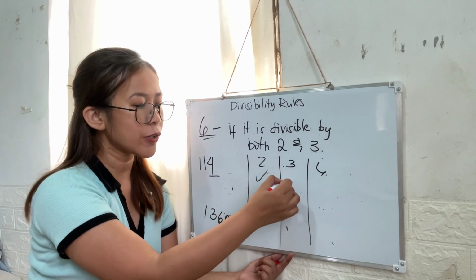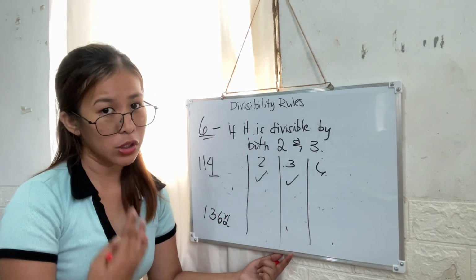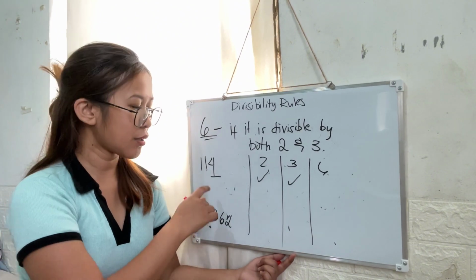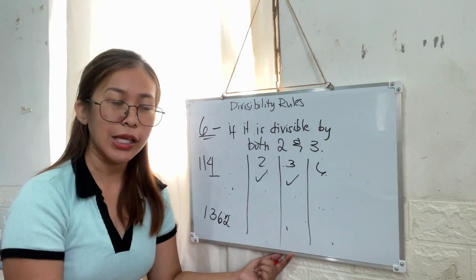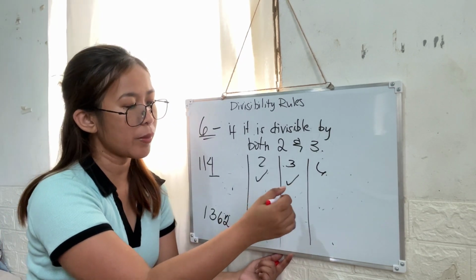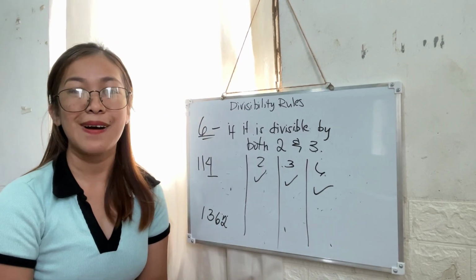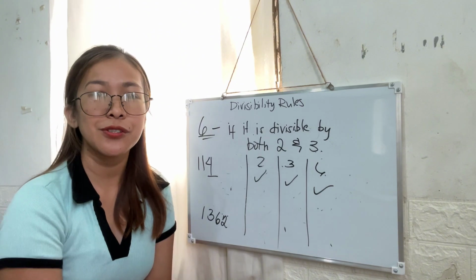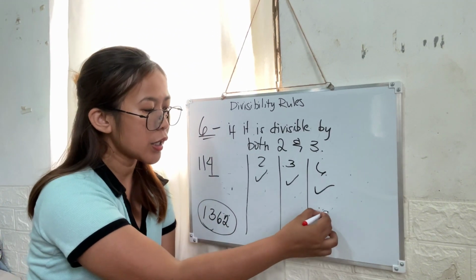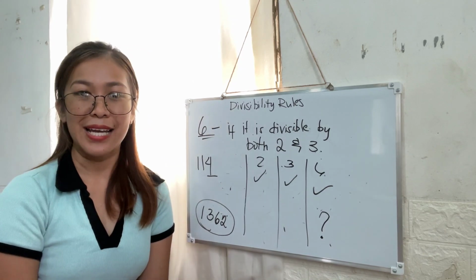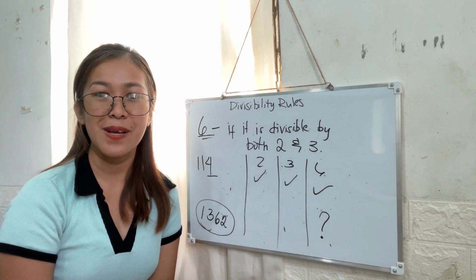So, therefore, it's also divisible by 3 because 6, which is the sum of 1 plus 1 and 4, is a multiple of 3. So, basically, it's divisible by 6. And right now, I want you to determine if this 1362 is divisible by 6. Just comment it down below.